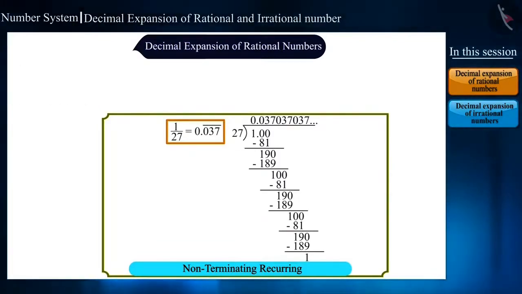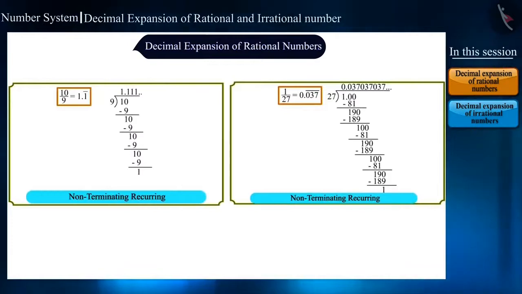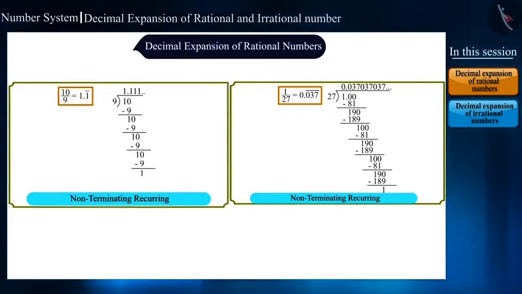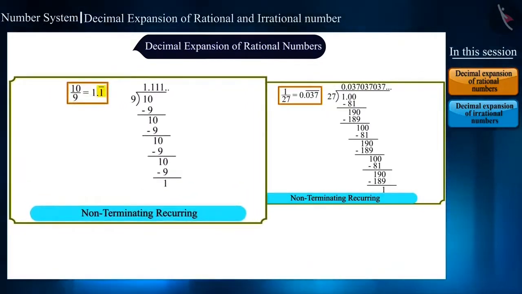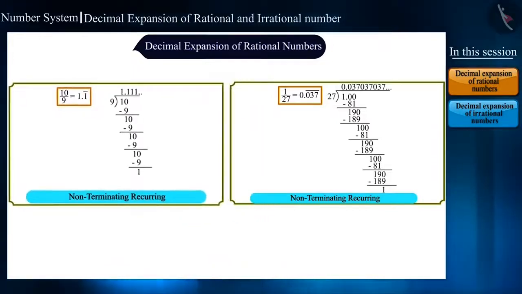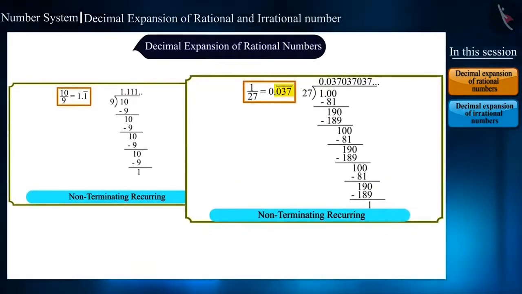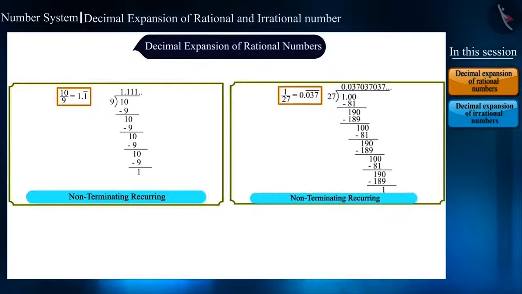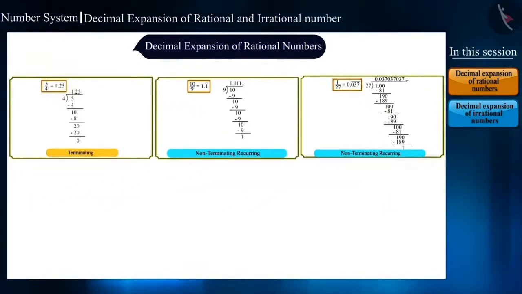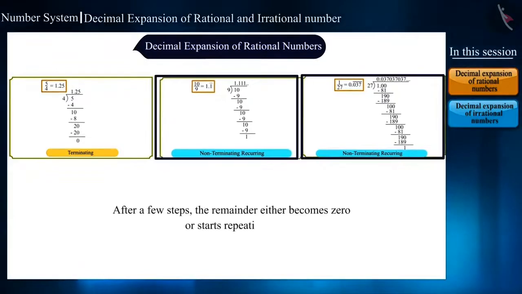Friends, can you tell what is the difference between examples 2 and 3? In example 2, only one number is repeating. But in example 3, a group of digits are repeating. If we compare all 3 examples, we can say that in the decimal expansion of rational numbers, after a few steps, the remainder either becomes 0 or starts repeating itself.